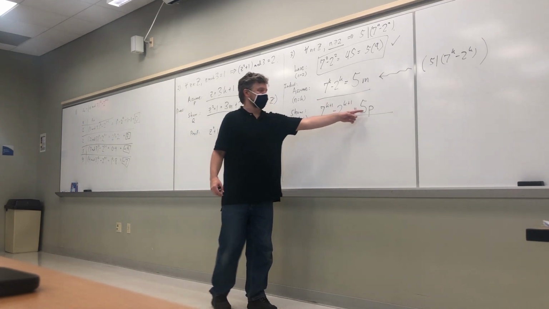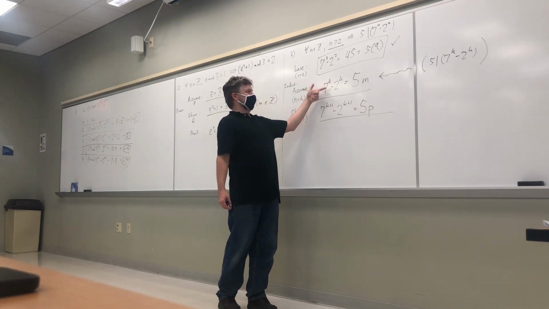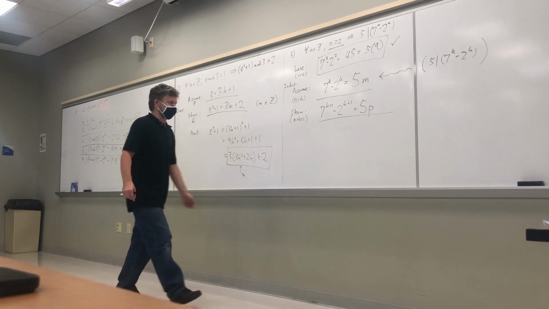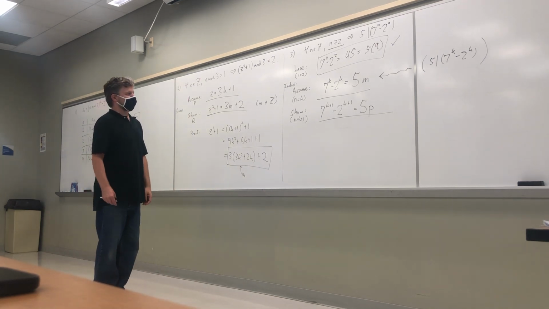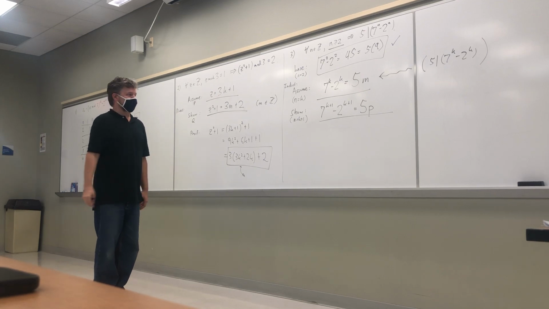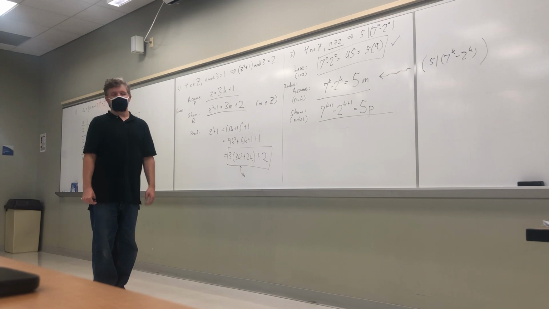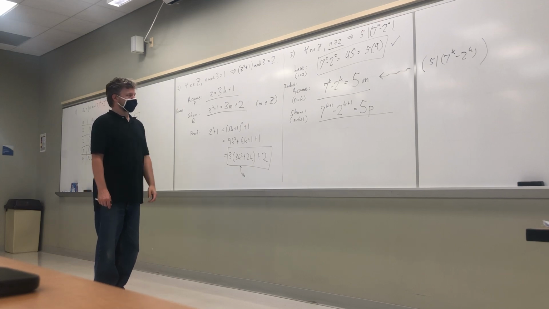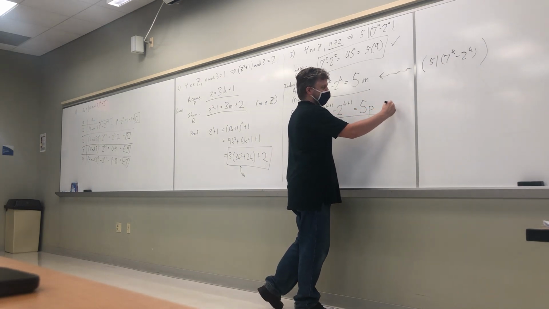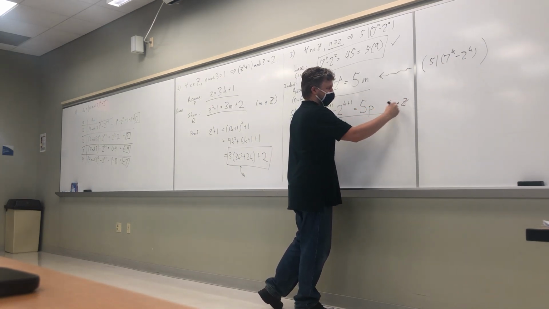If you say this is equal to 5m, then you can write 7 to the k minus 2 to the k equals 7 to the k plus 1 minus 2 to the k plus 1 and start canceling stuff. But I didn't take off just for saying equals 5m. So this is some p, an element of Z, that you're trying to find.